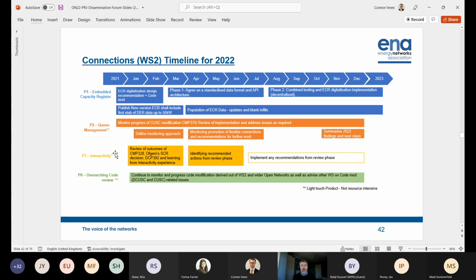So that's about giving the ESO the rights to do those things at the transmission level. So that's going on through the course of this year as that codification work goes on.